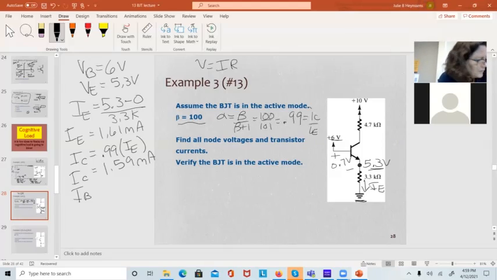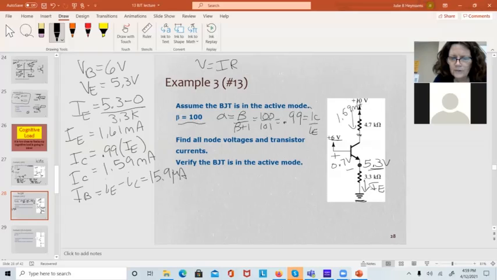I use IB is IE minus IC. Either one should come up with pretty close to the same answer. 15.9 microamps. And then if we know IB, we know IC is 1.59 milliamps.